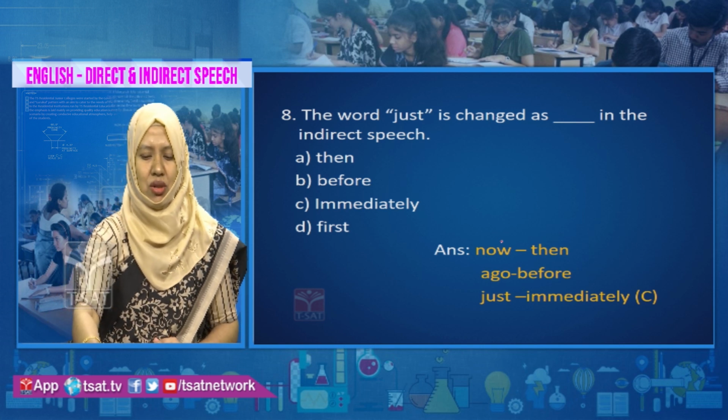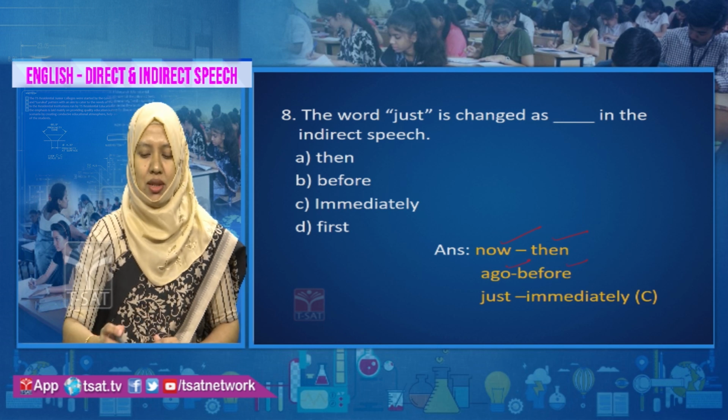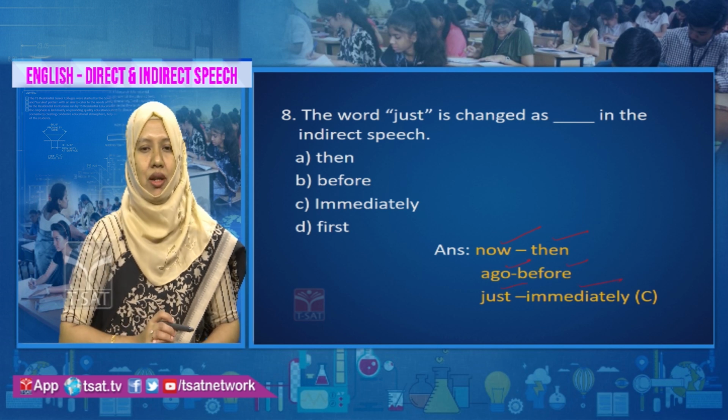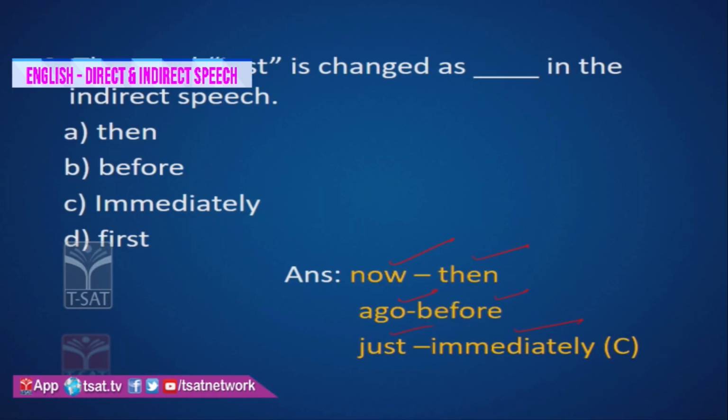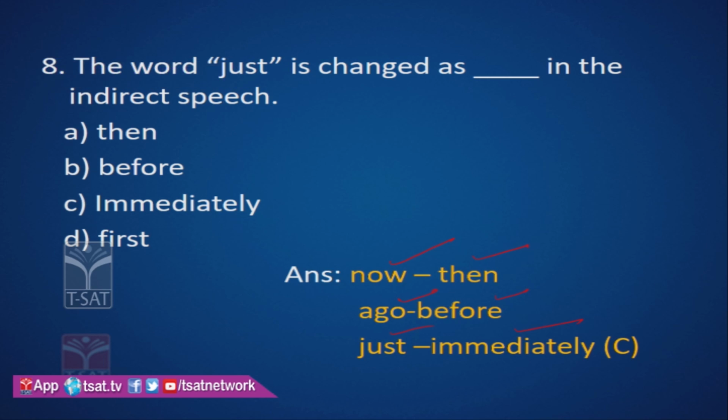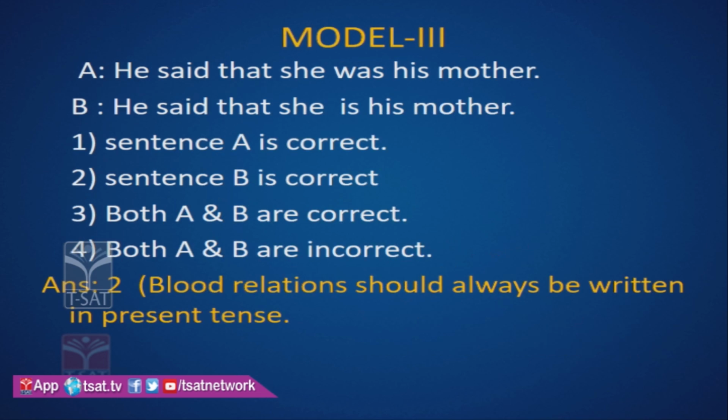Now will change to then, ago will change to before, just will change to immediately. I will just come, I will immediately come. I will just call, I will immediately call. So, always remember the rule, whenever just is there, it will change to immediately.